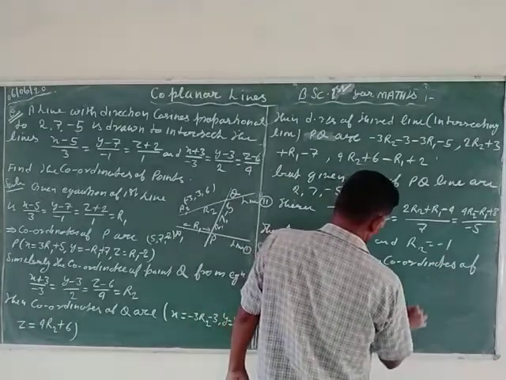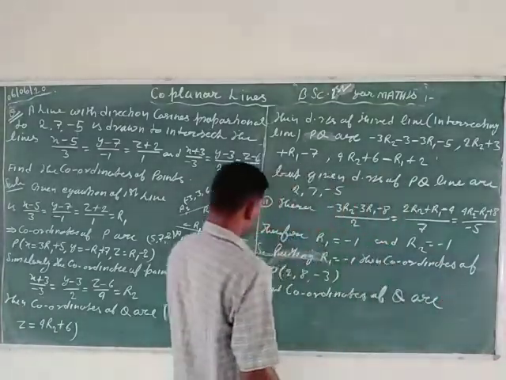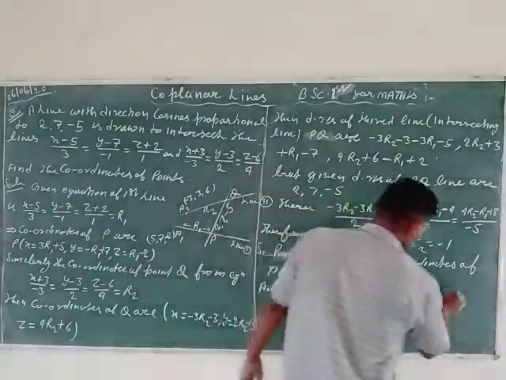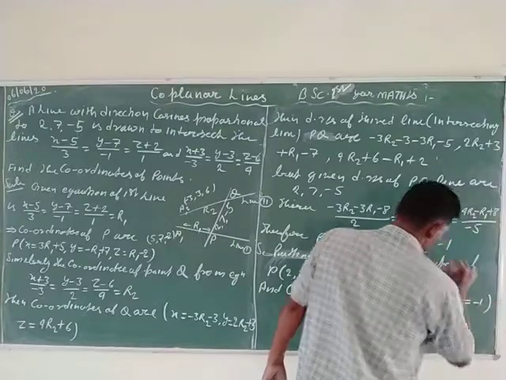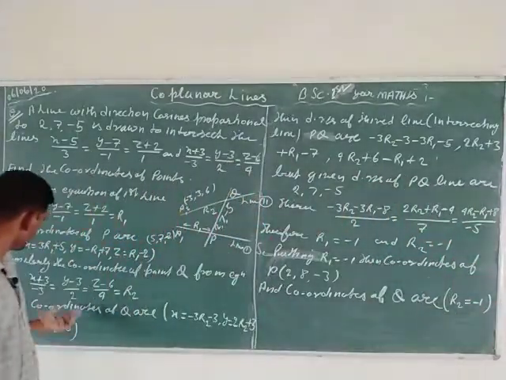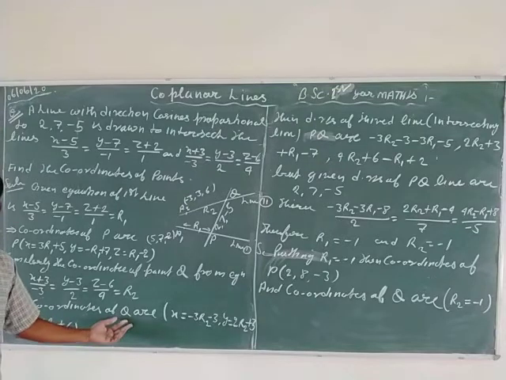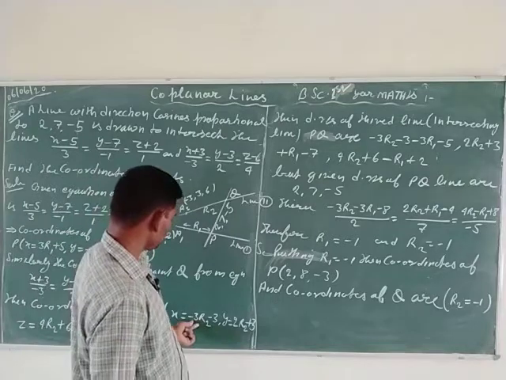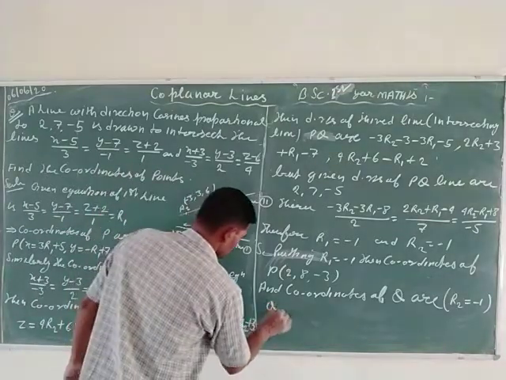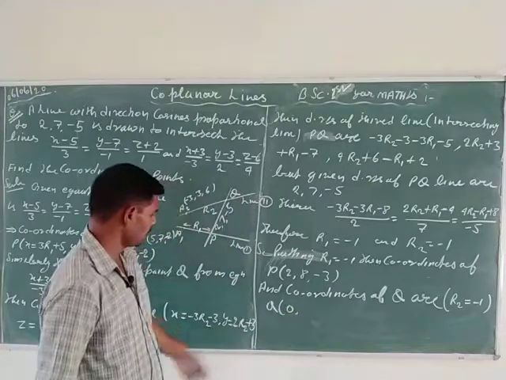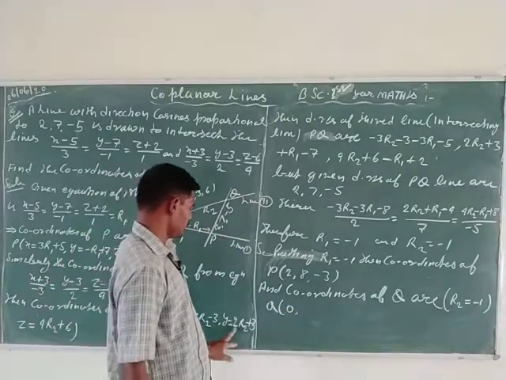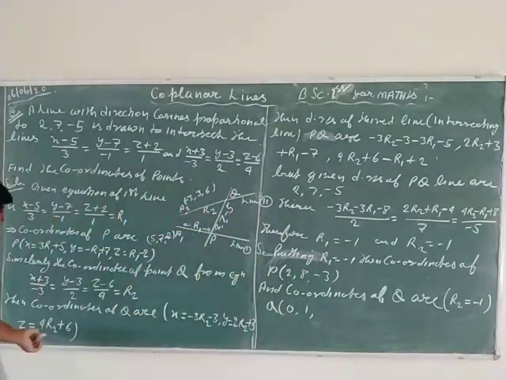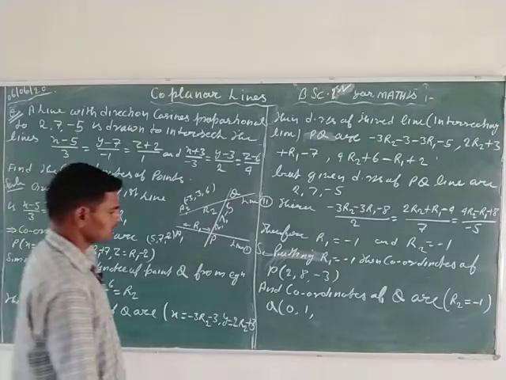Now the coordinates of point capital Q. After putting the value of R2 = minus 1 in the coordinates of Q, which are in terms of the unknown R2: minus 3 + 3 gives 0, minus 2 + 3 gives 1, and at last for z, minus 4 + 6 gives 2.